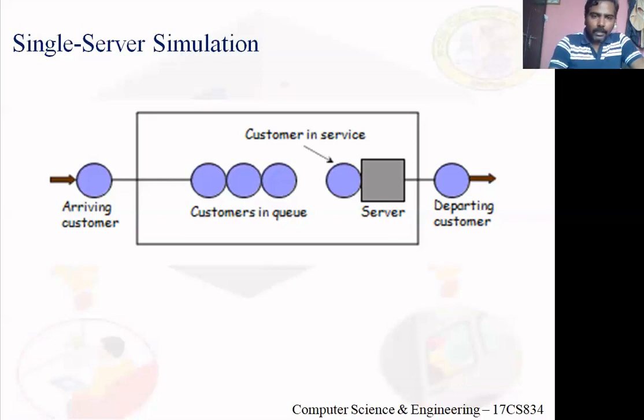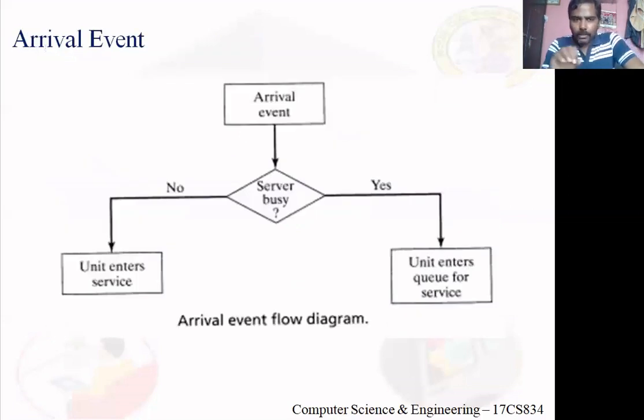Let me show you, look at the flow chart. Arrival event: a customer arrives at the bank. Now we need to look at the server status. The server may be busy or idle.